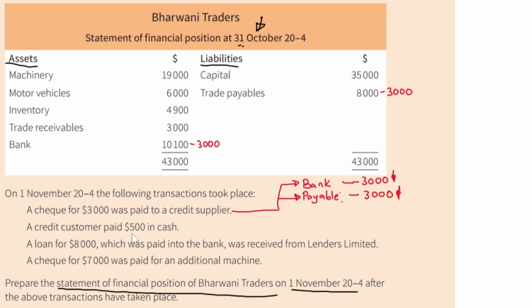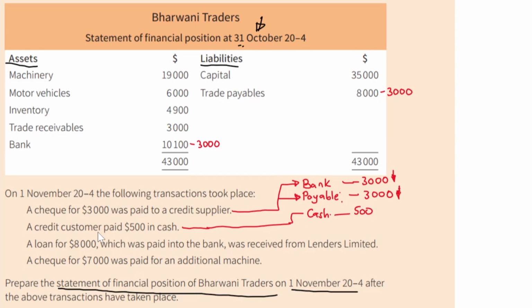A credit customer paid 500 in cash. So what accounts have been affected? Of course, we have money in cash. Our cash has increased by 500.